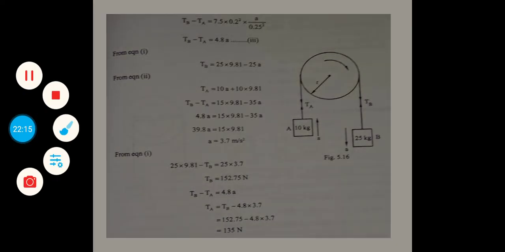That torque you equate with I alpha, where I is mk square, and instead of alpha you substitute tangential acceleration divided by r. Then from the dynamic equilibrium equation you will get some equations also. Combining all these equations you can solve the problem. These types of problems are also very important from the exam point of view. Okay, thank you.